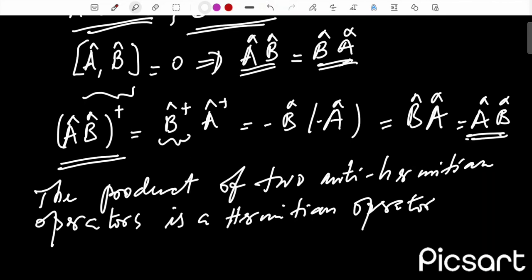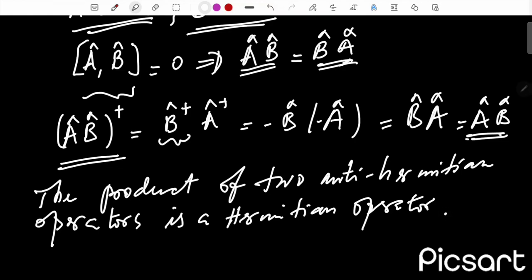We can take the product of the eigenvalues of both operators as a real number, and yes, as a real number.